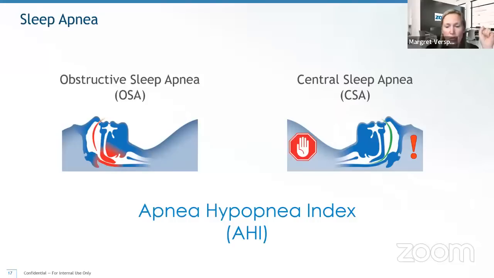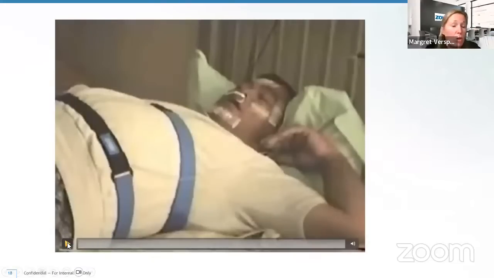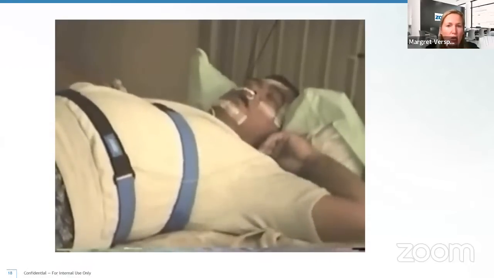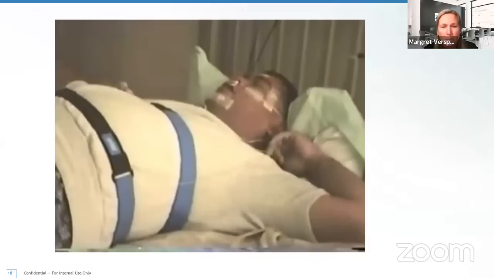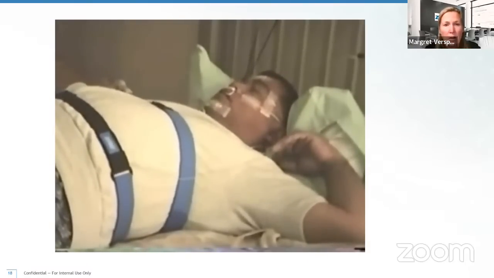No questions? Okay. When we have obstructive sleep apnea, I want to show you how it looks, how severe it can be, and how it sounds. So here we start. There's very heavy snoring in this patient. He's really gasping for air.